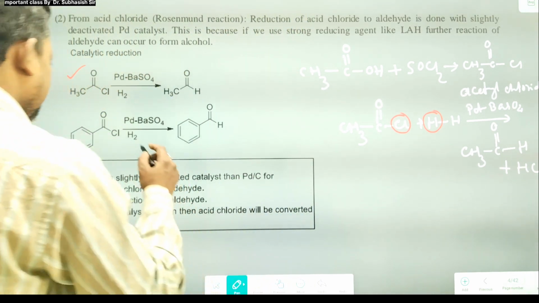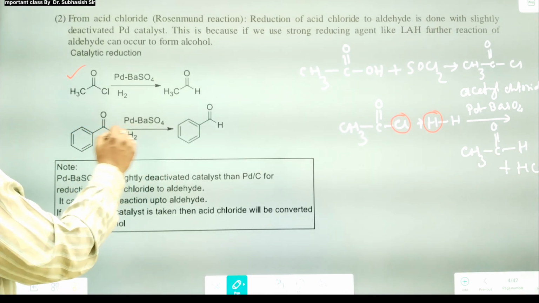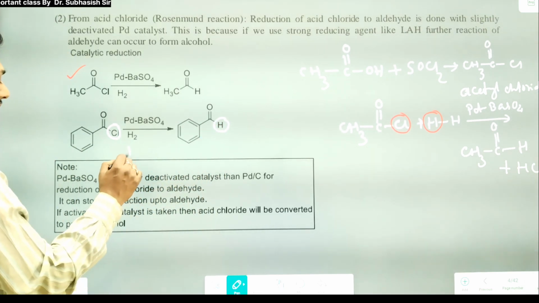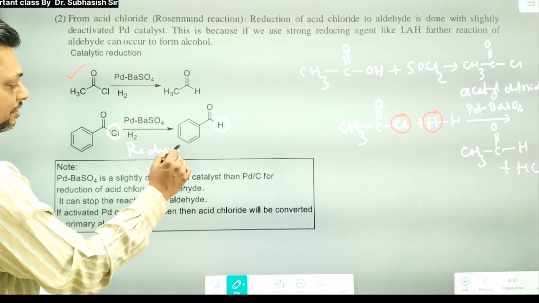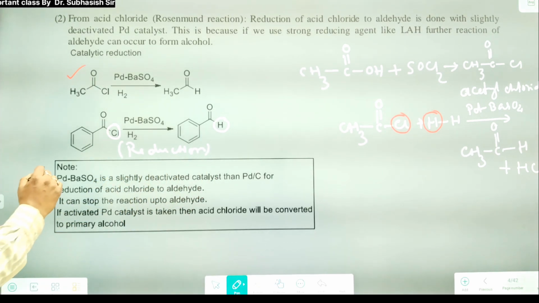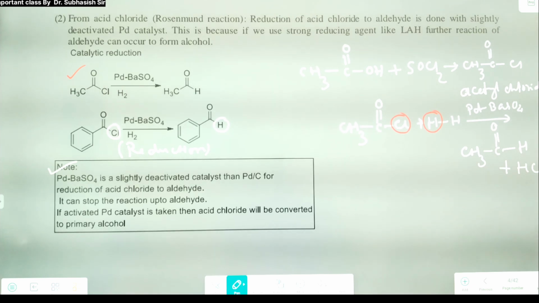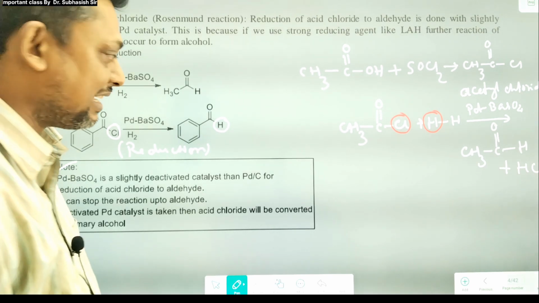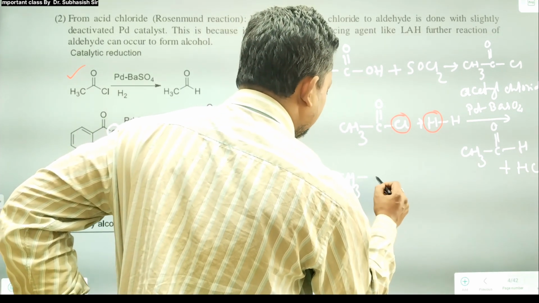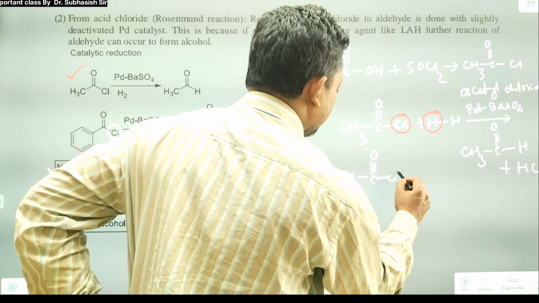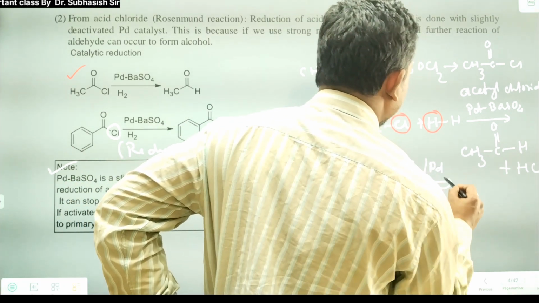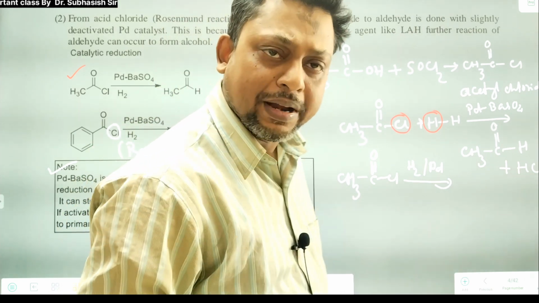Clear? So another example I have shown you. Here also you can see this chlorine is replaced by hydrogen, so we can call it reduction. But one important point is why palladium on barium sulfate is used in this case. You can ask that if we carry out the reaction with hydrogen in presence of active palladium, will the reaction happen or not?